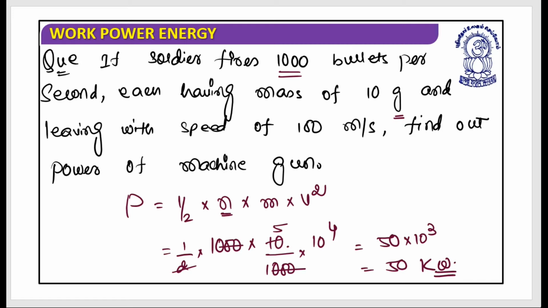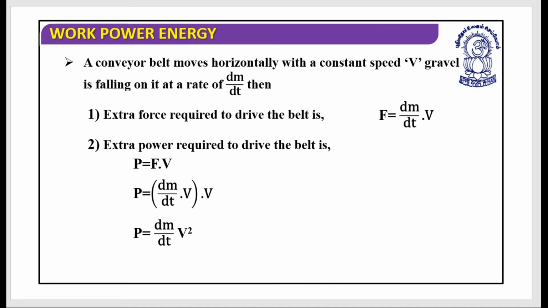Does it clear? Great. Let's look at the second application. It says that a conveyor belt moves horizontally with a constant speed v, and certain gravels are falling on it at a rate of dm by dt.